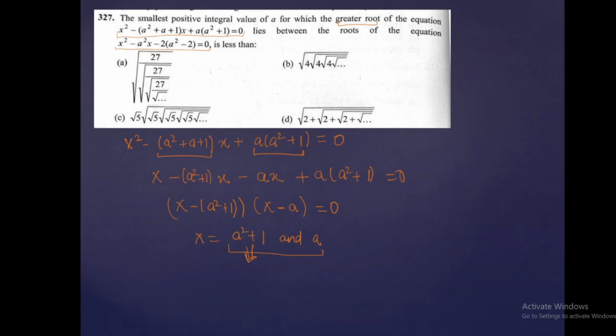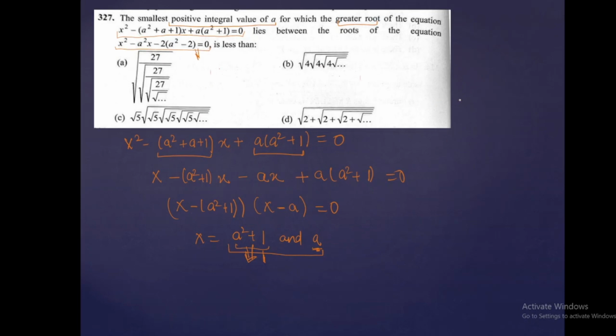It is also given that a is a positive integer, and since we are squaring and adding one, this will be greater. a² + 1 is the greater root. So we need to figure out for what value of a this root a² + 1 lies in between the roots of this.